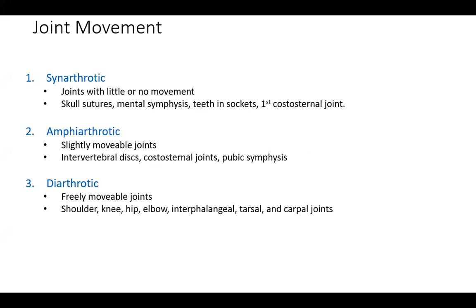Now, the amphiarthrotic joints are the slightly movables. And I don't care if you call them synarthrotic, amphiarthrotic, or diarthrotic, or just remember them as immovable, slightly movable, or freely movable. You can use either term here. The slightly movable joints include the intervertebral discs, the pads between the vertebrae.